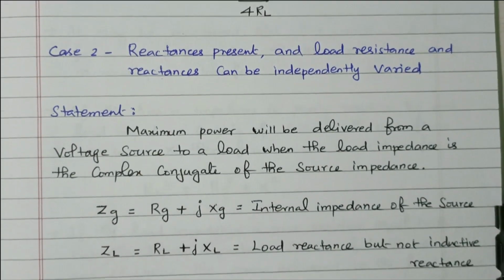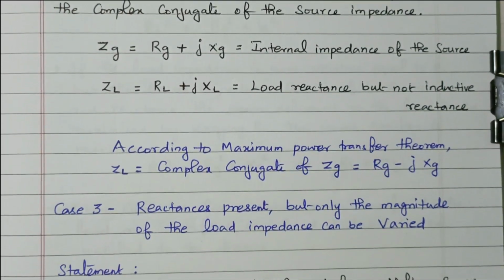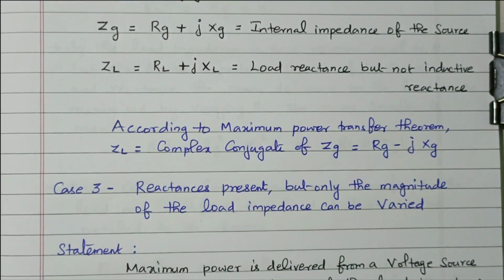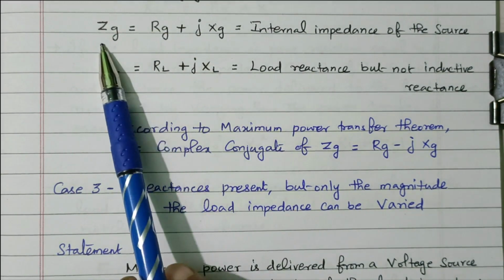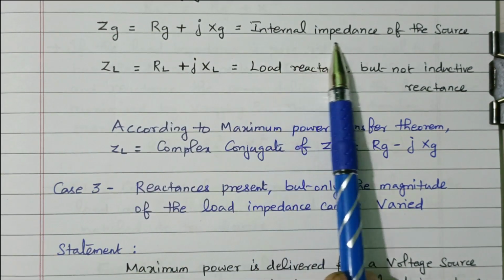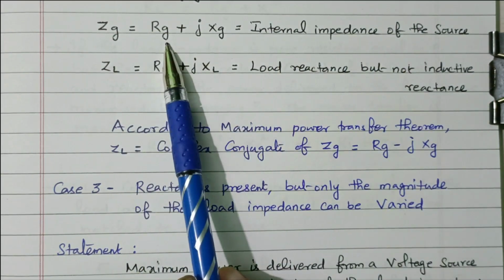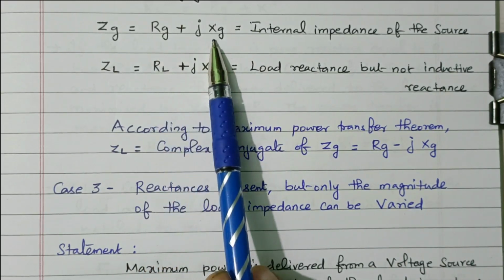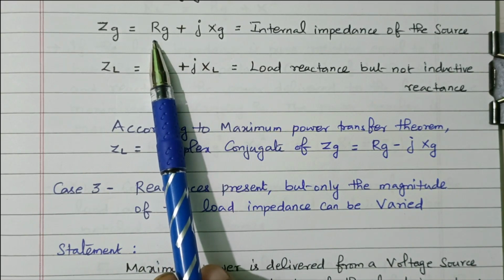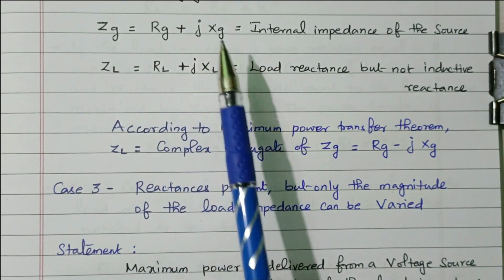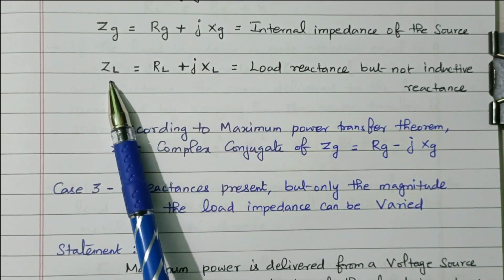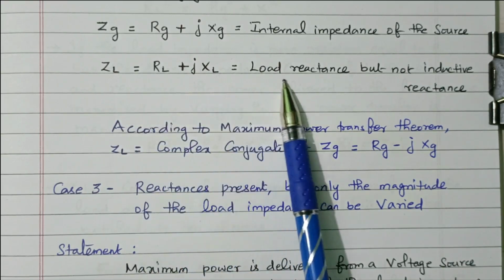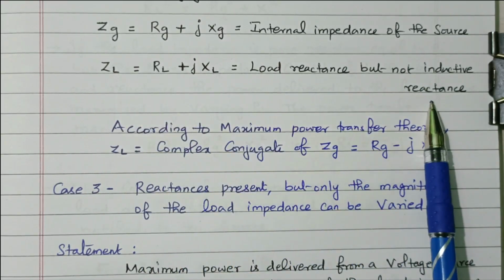Now we'll see the further derivation, further details about case 2. The internal impedance of the source, we can take as RG plus jXG, right? Previously we had only resistance, now we have impedance also. So RG plus jXG. Then ZL is RL plus jXL, the load reactance, but not necessarily inductive reactance, right?